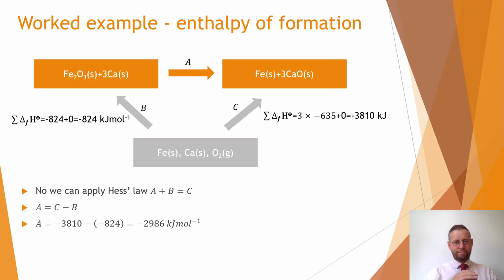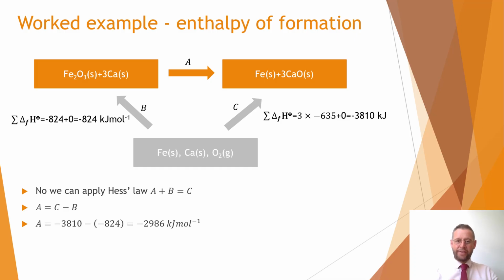Now let's look at the reaction itself. So the iron oxide with the calcium, huge exothermic reaction, displaces the iron and forms calcium oxide. So what we can see is we're going to use Hess's law here, that A plus B equals C, which means that we can find A by doing C minus B. So the C was minus 3,810, and we need to take away minus 824.